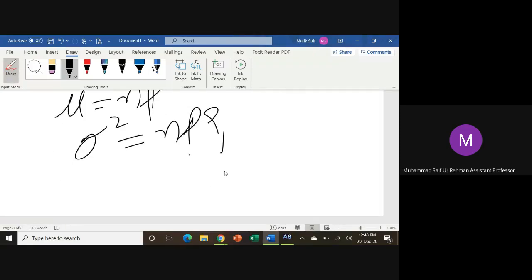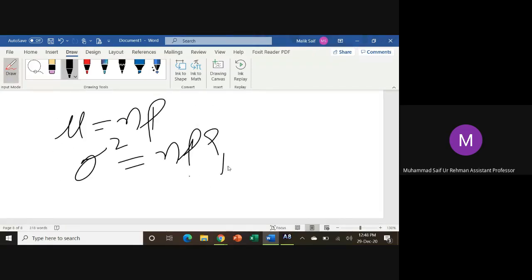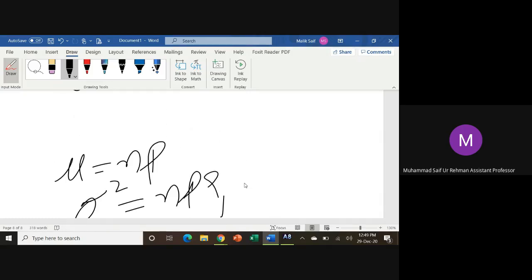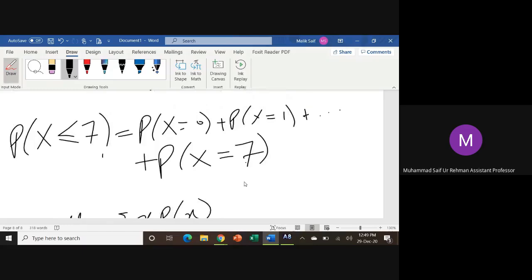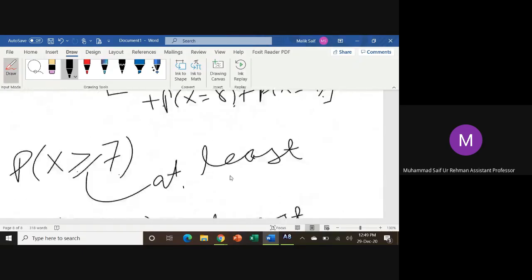We can also prove this formula, no problem, if you are interested. But better would be if you just remember this formula. This will help you in finding out the variance and the average.